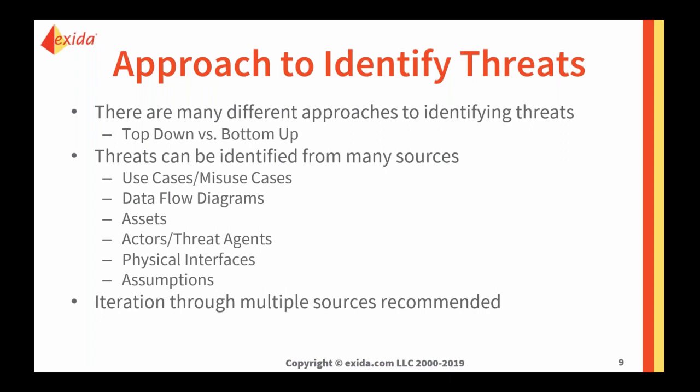So if you can go through that and understand what the different motivations are of these actors and threat agents, then that's a way to help you think of additional types of attacks on the system.